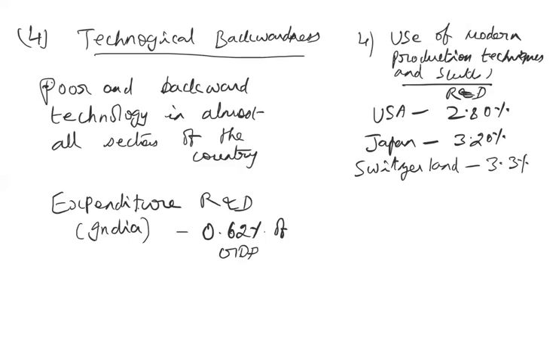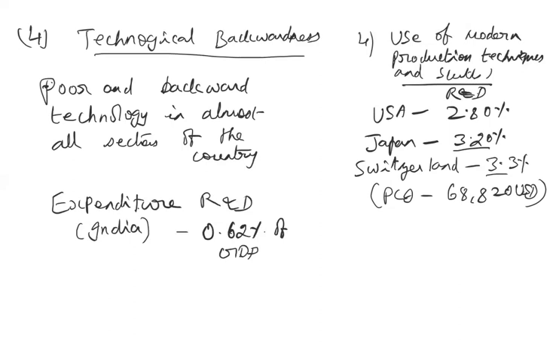As it is, their national income is high, their per capita income is high, and on top of it, if they are allotting more than 3% to research and development, then you can imagine the progress. For example, Switzerland 3.3%, and the per capita income of Switzerland is $68,820 USD. So now you can understand, with this amount of national income, they are able to allot so much percentage on research and development, how much technological progress there would be in all these countries.